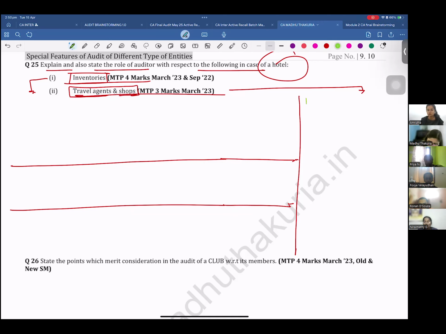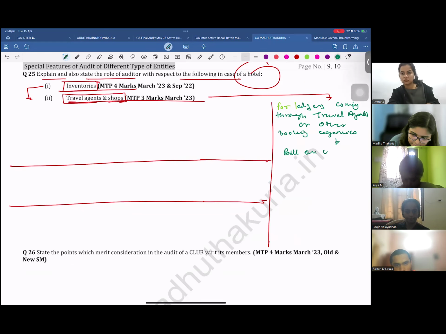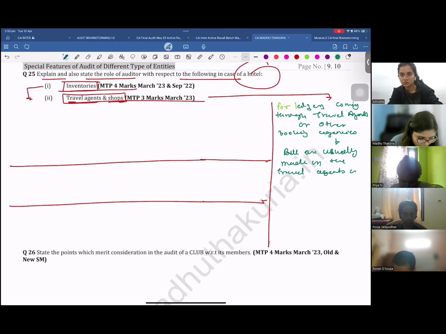Now, for ledgers coming through travel agents or other booking agencies, bills are usually made on the travel agents or booking agencies.